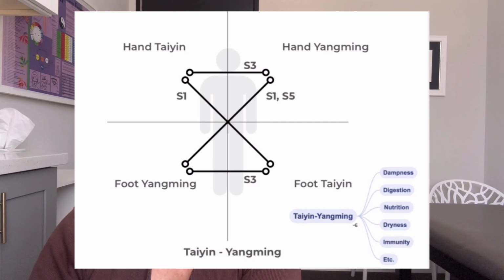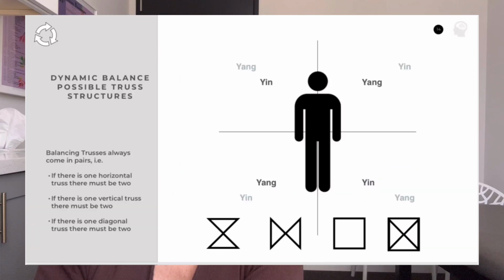So this is a perfect truss of how everything can connect. So in this case study, it's an hourglass. In another case study, it could be a sideways hourglass. Another way it could also be is a box. So a box would connect all 4 of these meridians.